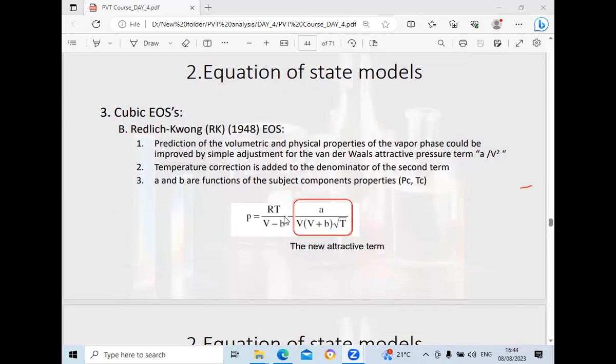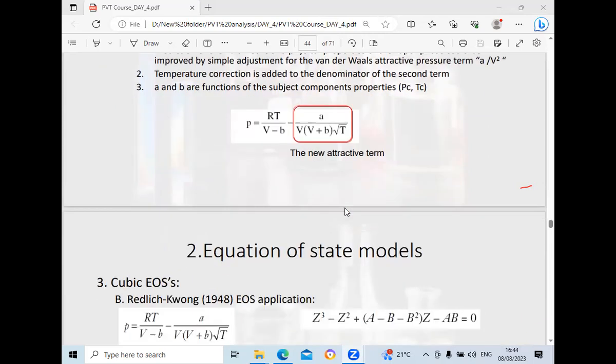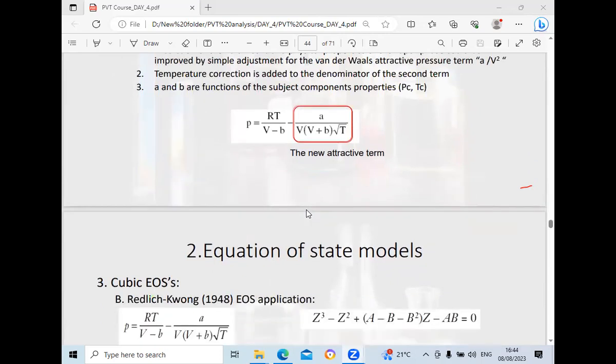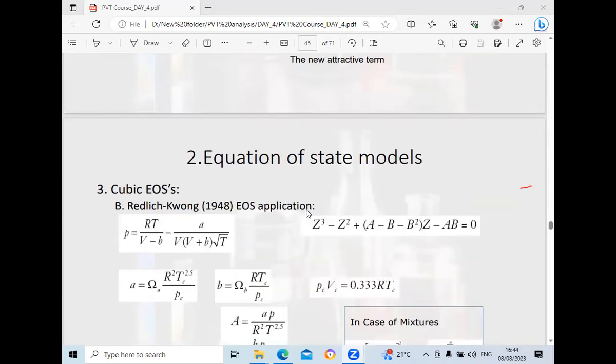We still have our parameters A and B. The only difference is that there is a modification at this level, and it brings in a new term that has to do with the attractive forces that exist between the molecules. So there is no big difference in the manner of estimating the values of A and B. It will follow the same procedure.